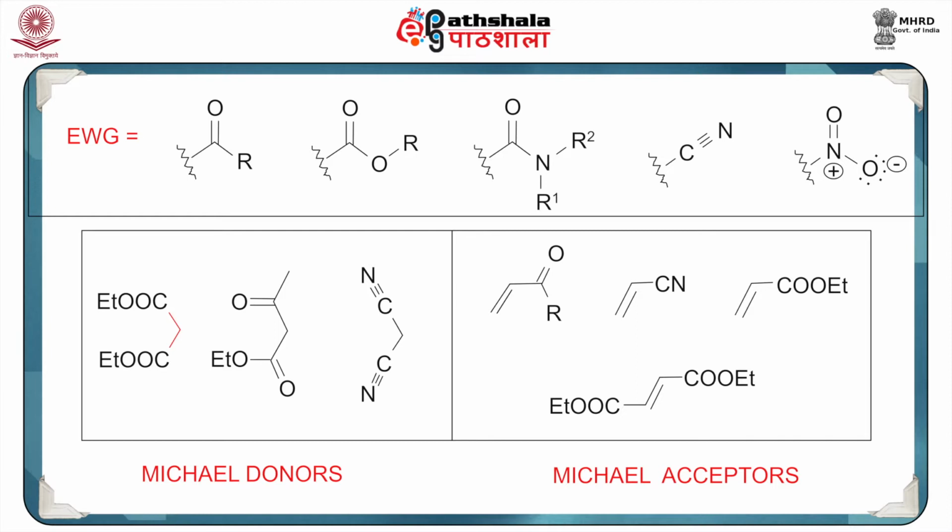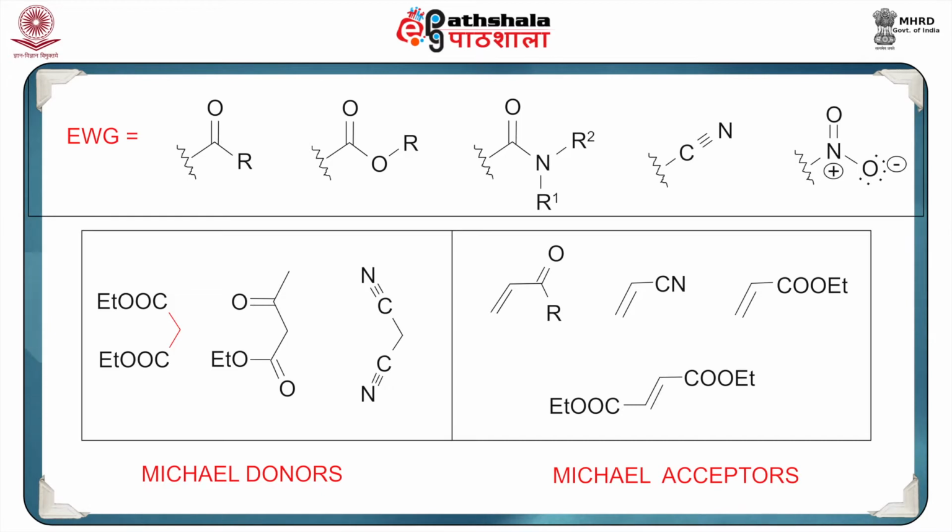Here you can see the various electron withdrawing groups represented, and you are also shown the various Michael donors. You can see a CH2 joined to two COOEt groups, or one ketone and one ester, or two cyano groups.